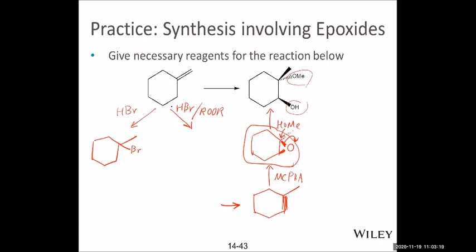And the other way is to use hydrogen bromide with peroxide. That will give me anti-Markovnikov. Markovnikov is bromide adding on the carbon with more substituents here. Anti-Markovnikov is bromide adding on this carbon.